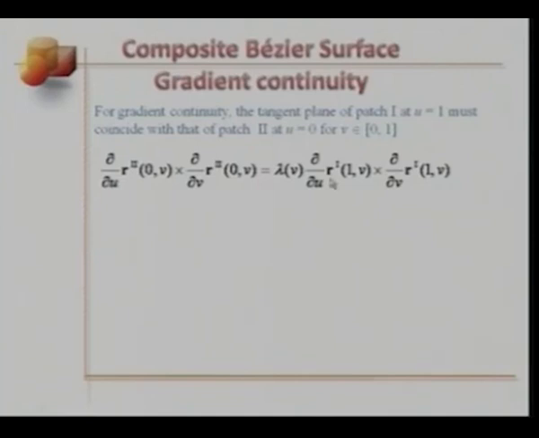Likewise, this expression here corresponds to the tangent along the u direction for the first patch at u equals 1. This term here is the tangent for r super 1 along the v direction for u equals 1. So this cross product here is again a normal to this tangent plane.